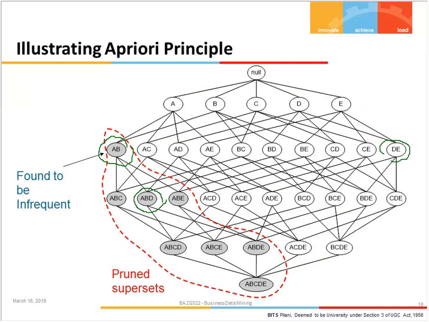Then CDE has potential to be frequent, because its parents CD, CE and DE are all found to be frequent, so we generate CDE as a candidate and evaluate its support. Still, CD, CE, DE being frequent does not mean that CDE is also frequent, so we need to estimate its support separately and determine whether it is frequent or not.